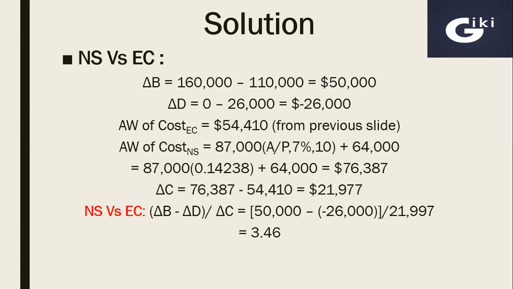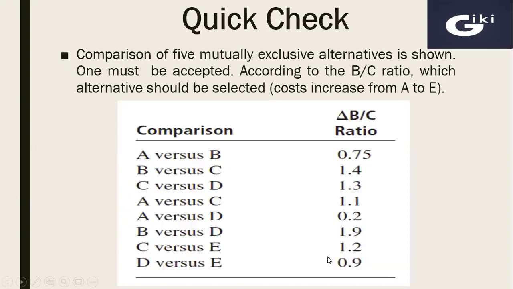So incremental B over C ratio is equal to 3.46. This is greater than B over C ratio of extra cameras. In that case, extra investment in new sensors is economically justified, and we will eliminate extra cameras and select new sensors.